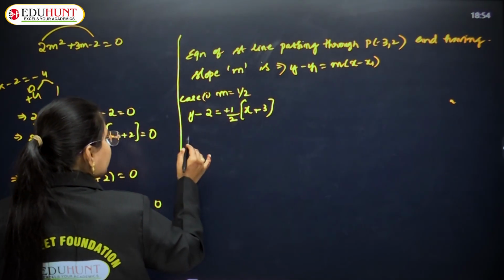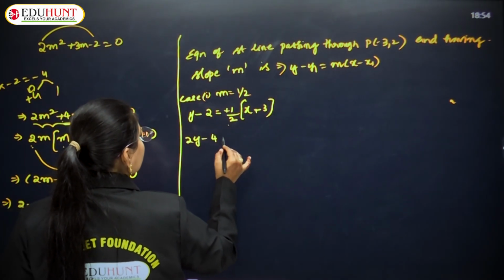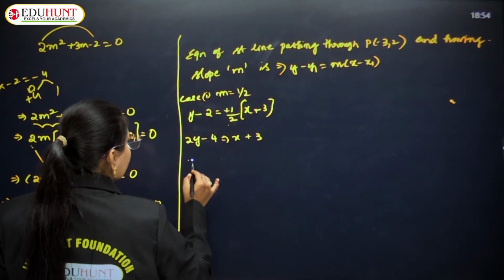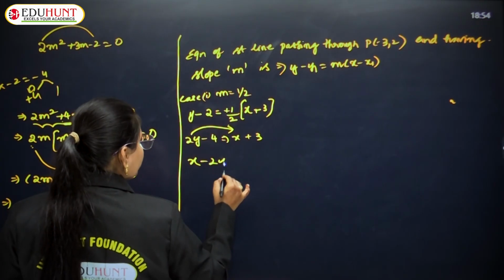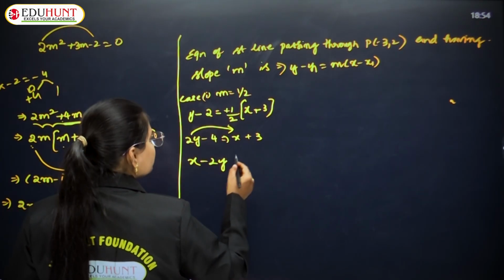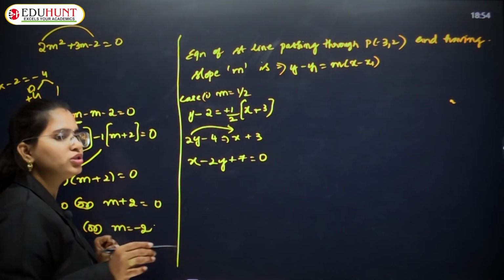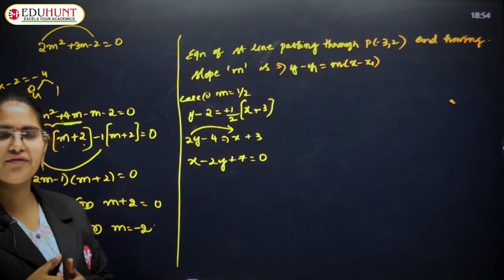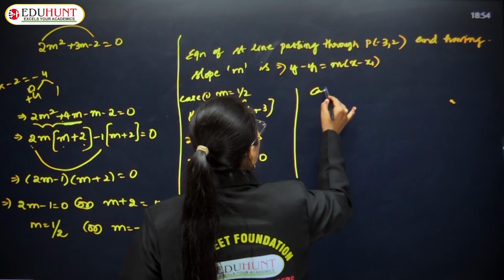Replacing 2 to the left side, 2 into y is 2y minus 4 is equal to x plus 3. So what you'll have? X transpose cheyandi, plus 2y kasta minus 2y avutundi, 3 plus 4 kasta 7 avutundi. So first equation of straight line manaki em vachindi? X minus 2y plus 7 equal to 0. Clarified?